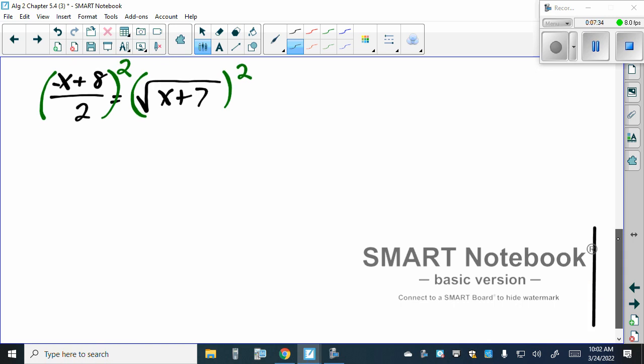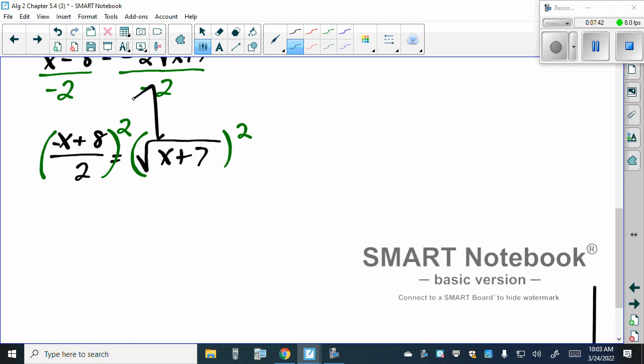Any other questions on this here before we start squaring? Now, luckily for us, on the right-hand side, the radical and the square will cancel, leaving us with x plus 7.